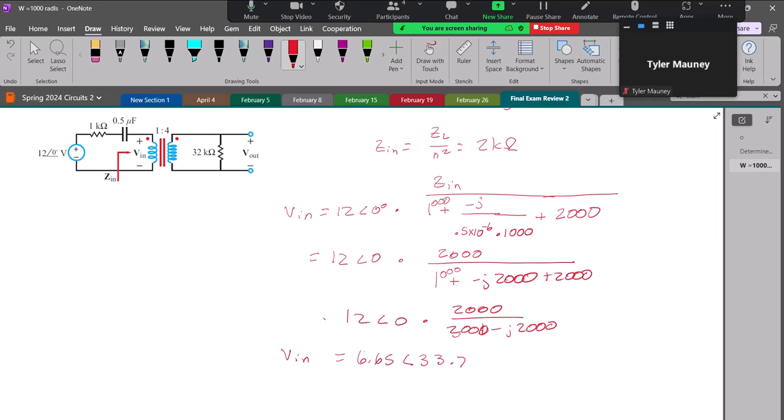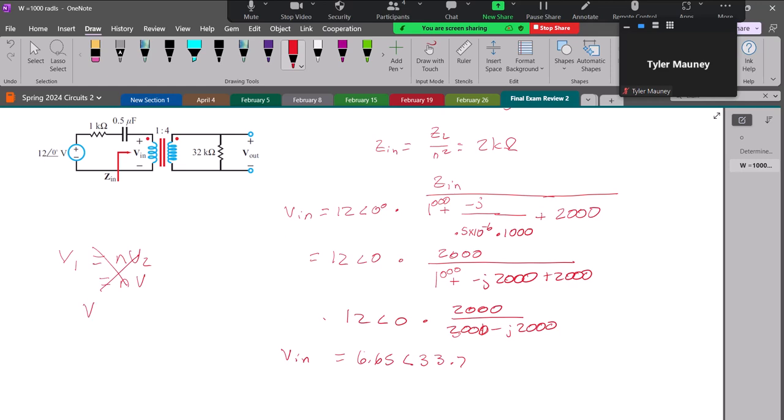We know that V1 equals NV2, and we know that V2 is going to equal V out. So I got that backwards.